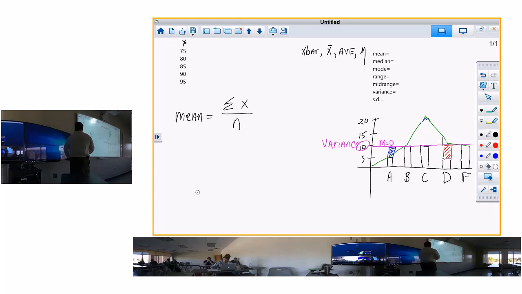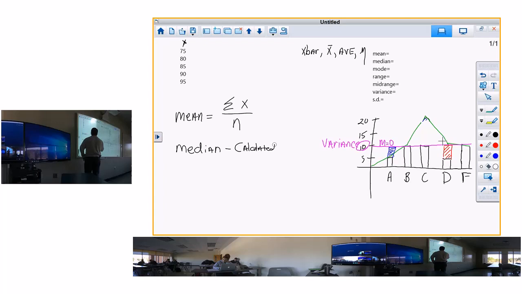The median. The median is a calculated middle using middle terms.